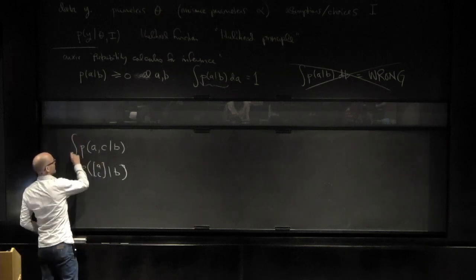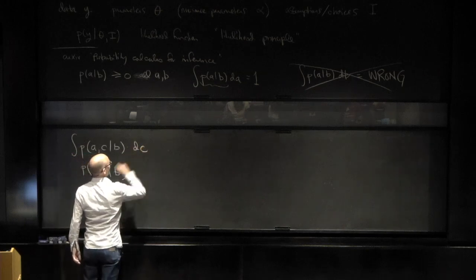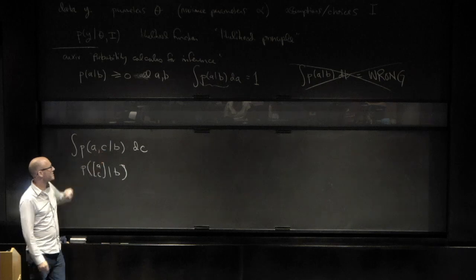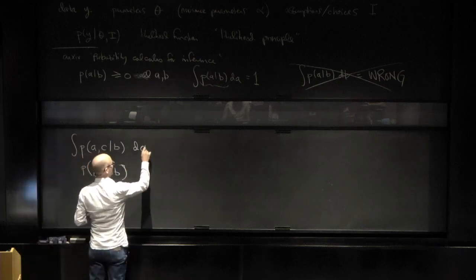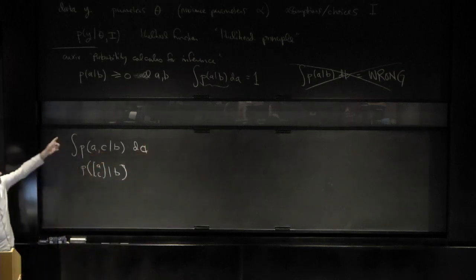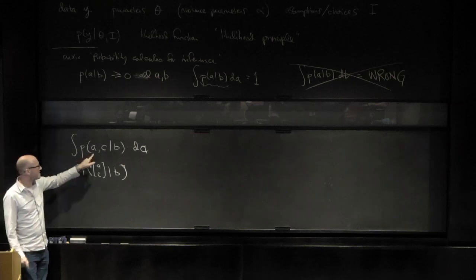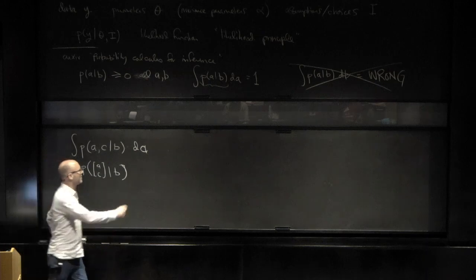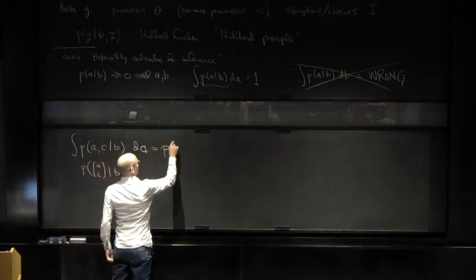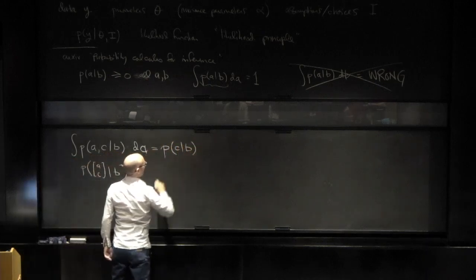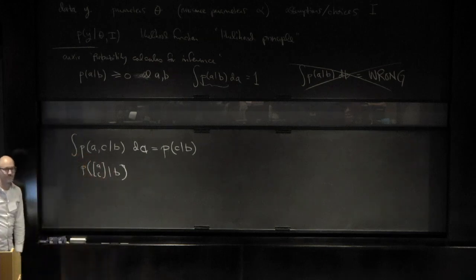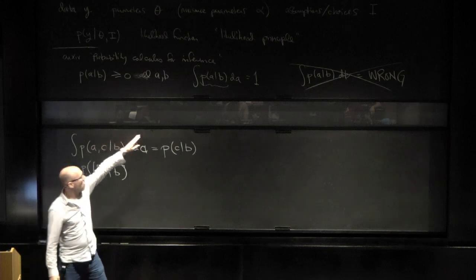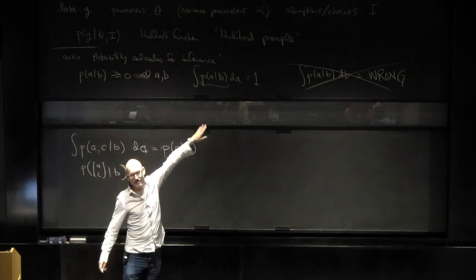Actually, let's stay with A. I'm going to stay with my integral over A, because that's what the integrals I was doing before were over. If I integrate P of A and C given B, dA, then that will be P of C given B. And so up above, when the probability only depended on A, and I did the integral, I got 1.